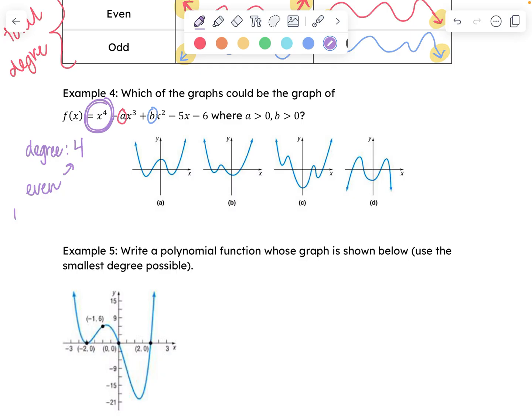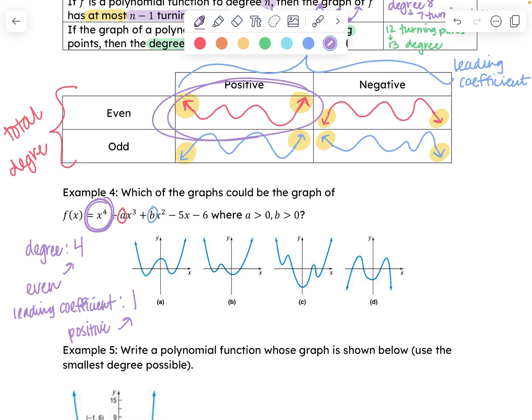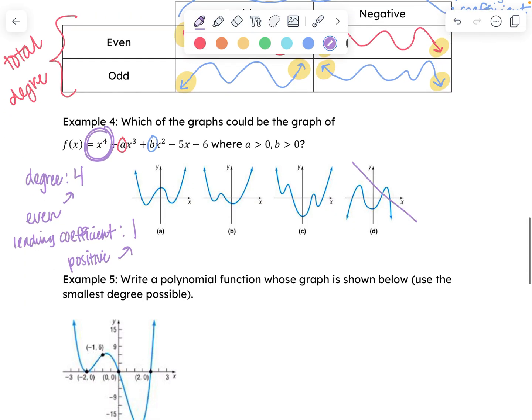And our leading coefficient is 1, which is positive, which means we're looking at this part of our table. If it's even and positive, it's going to start and end in the top, which means we can go ahead and get rid of that one.